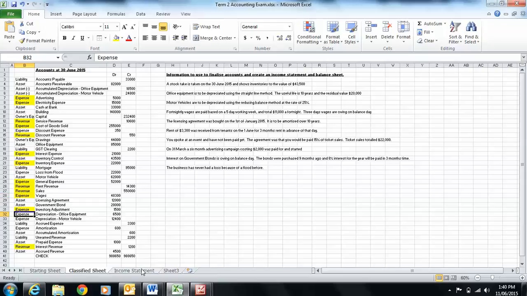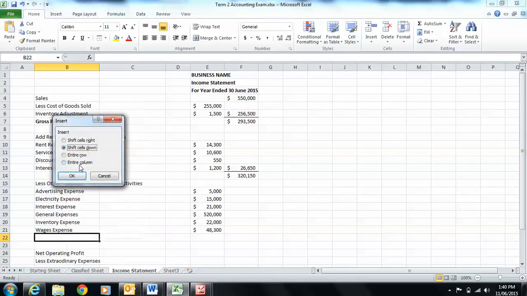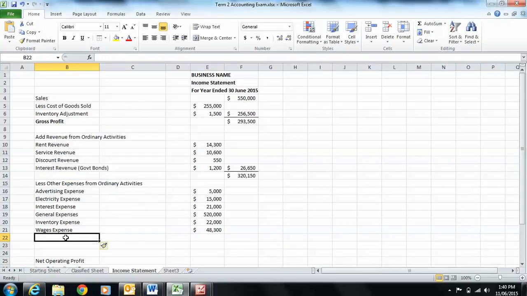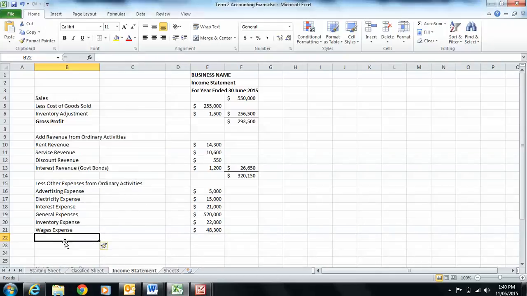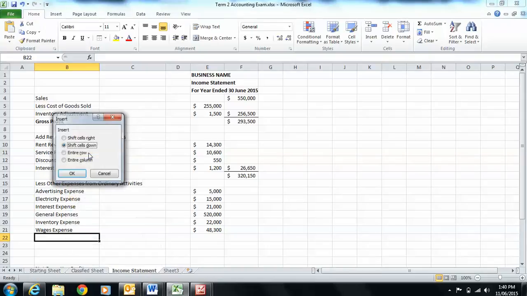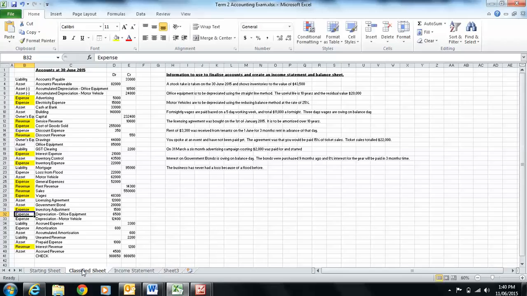We've got the 2 years' worth of depreciation expense. We might have to add in a few rows here. So we've got depreciation on office equipment and motor vehicle. If we have a look at those, depreciation on the office equipment is $6,500.